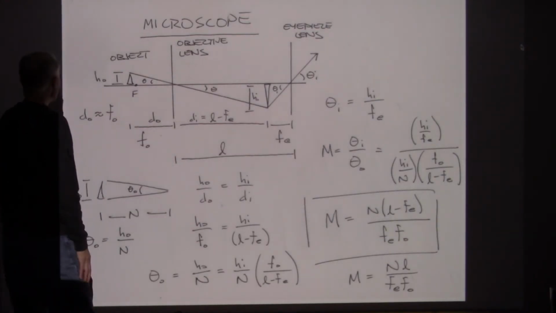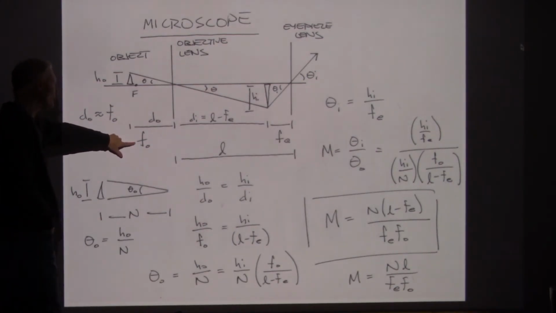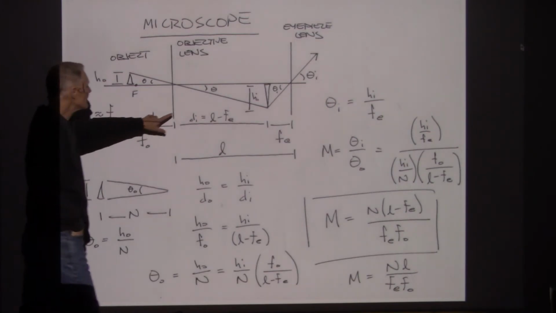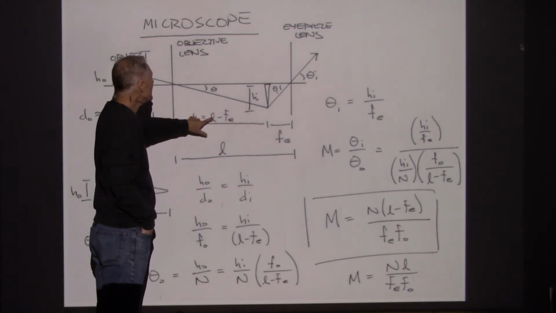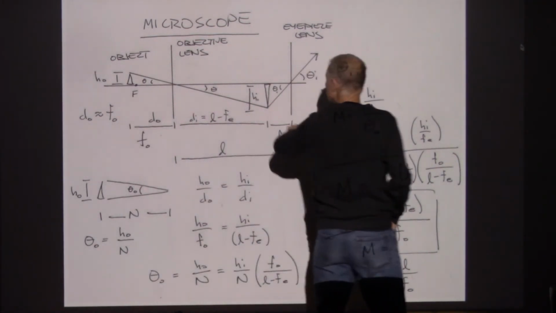So here, the DO on this side is going to be pretty close to the focal length. The DI is going to equal L minus FE, and then over here is where the FE is.